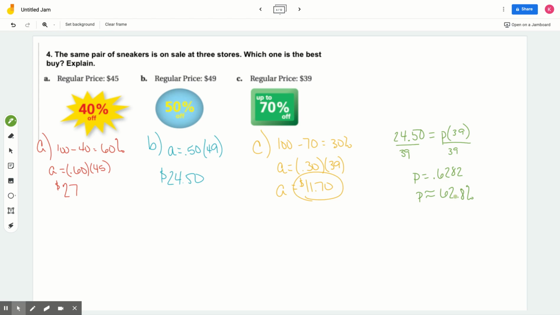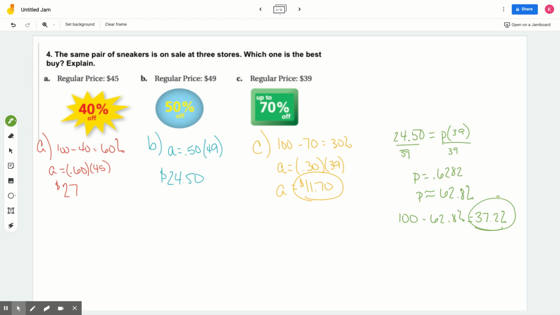But what that also tells us is that we have to subtract this from 100. So 100 minus 62.8% is going to be 37.2%. So this is the magic percent here for part C.